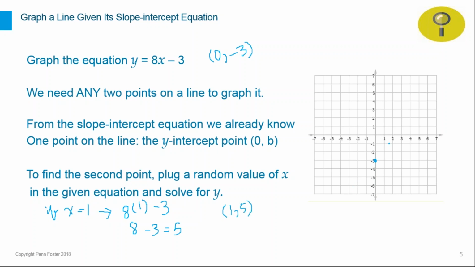So (1, 5) would be here. Let's see what the line looks like if we graph it. And here is the line. So we basically connected the 2 points, and that gives us the straight line that this equation describes.